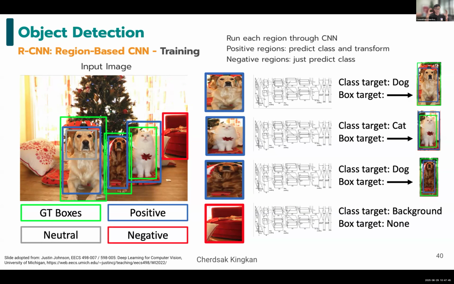You crop them, resize them to 224 by 224, and then feed these regions into the CNN models. All right. So the models have to predict a class and the box locations, or the bounding box. You keep repeating this and also adjusting the parameters of the model, because we have a ground truth. We know how to measure the classification predictions, and we know how to measure the difference between the predicted box and the ground truth box. All right. So we keep repeating that.